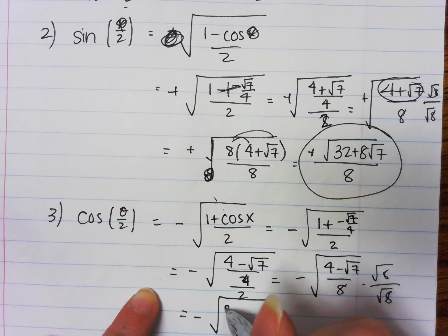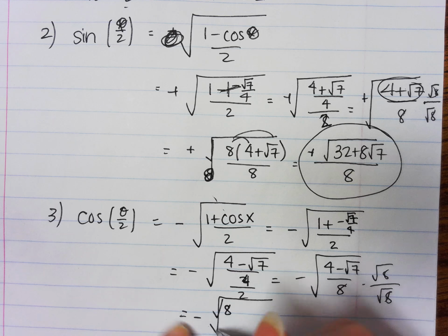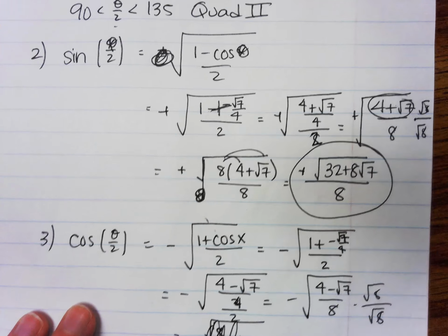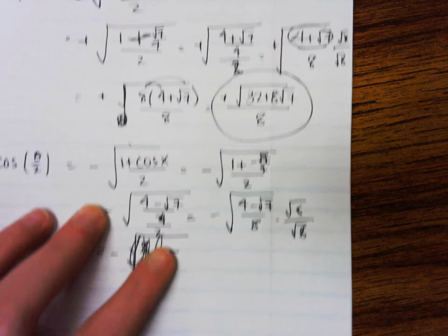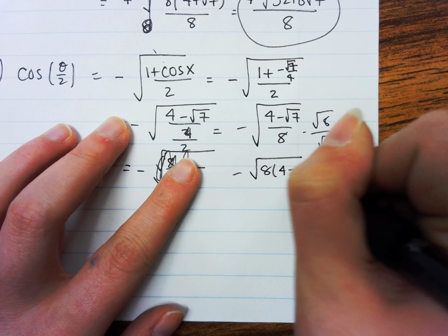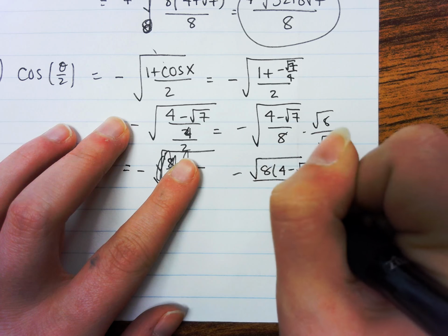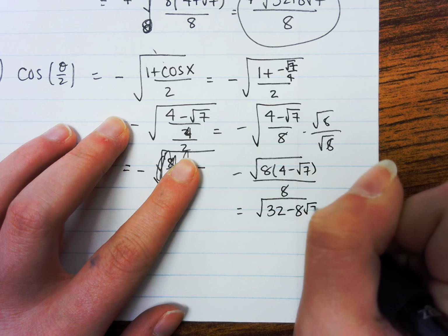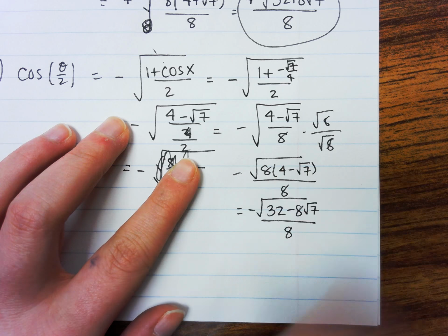And again, I'm going to write it this way, where I just multiply my insides, and I get 32 minus 8 root 7 all over 8, and a negative out front.